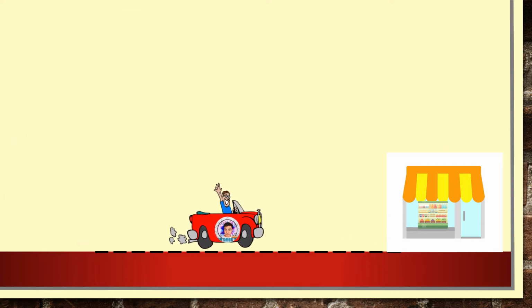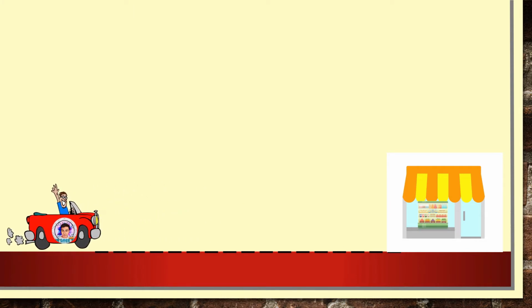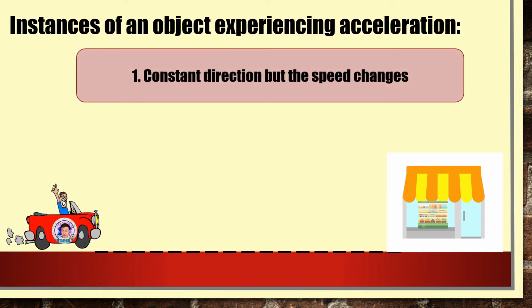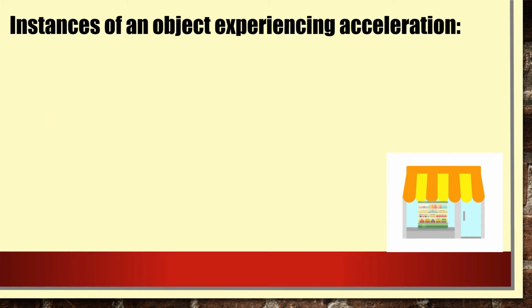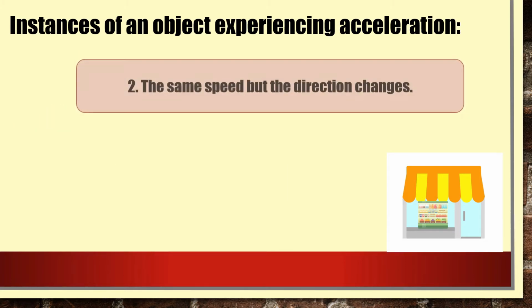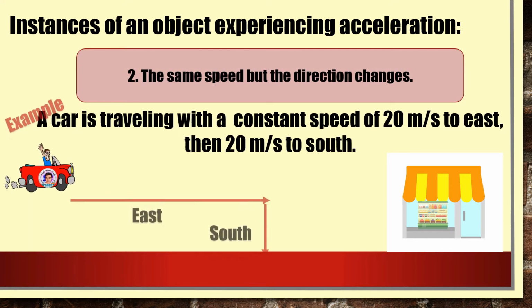For what instance does an object experience acceleration? First, constant direction but the magnitude of the velocity changes. For example, a car is traveling with a speed from 20 meter per second to 35 meter per second. Second, the same speed but the direction changes.